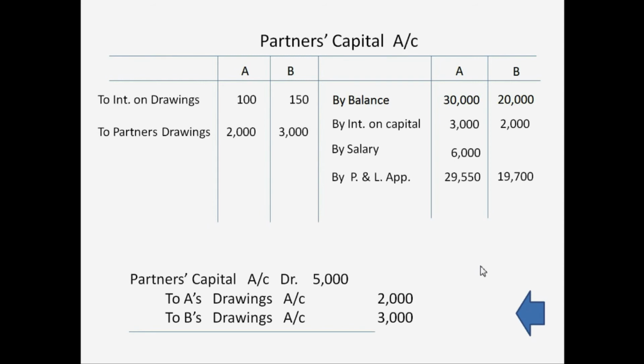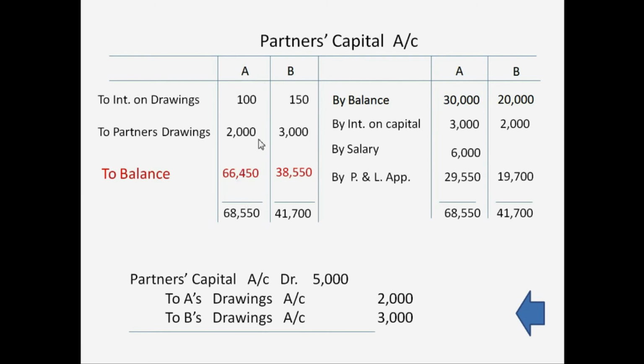And now we will compute the balance of partners capital account. So first we will make the total of the credit side, the same total we will write on the debit side, and from this total we will subtract the total of the debit side. We will get this difference, and this is the balance of partners capital account.